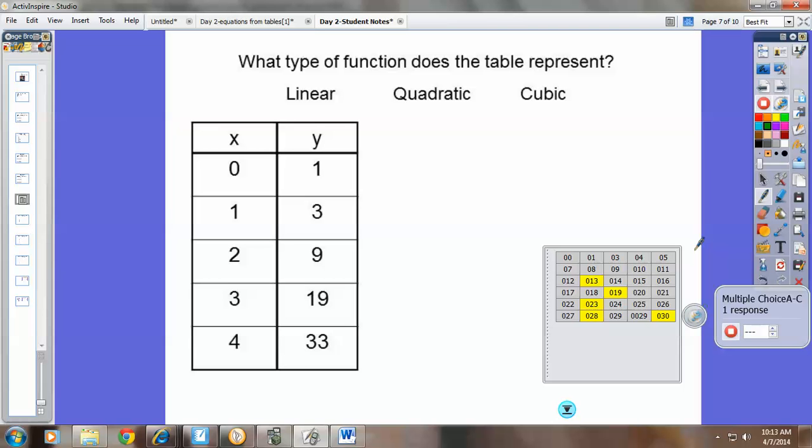What I'm asking you to do is identify whether this is linear A, quadratic B, or cubic C. Somebody still working on that first one?